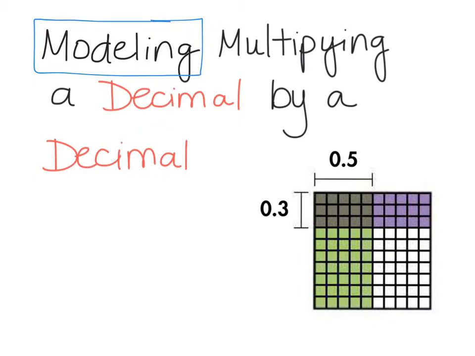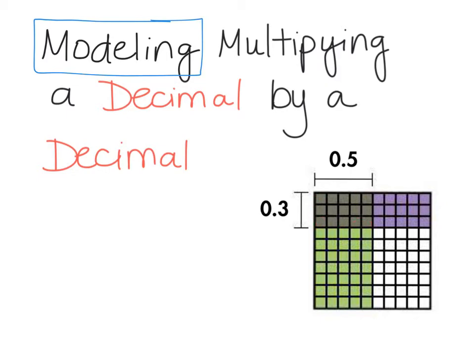And here is a decimal times a decimal modeled on a grid. That's what we're talking about today, and tomorrow is a decimal times a decimal. You'll notice that it looks way different than anything we've done before, but you still see that there's an area, this overlapping area.